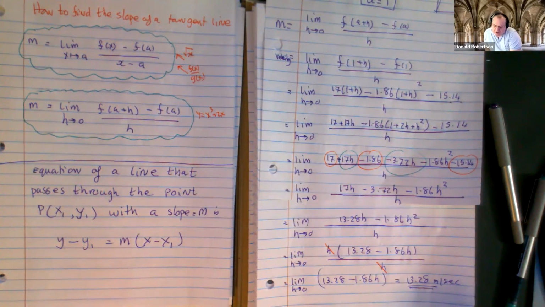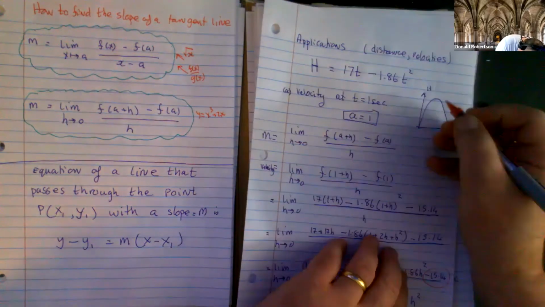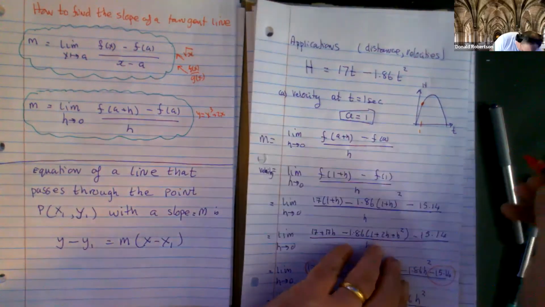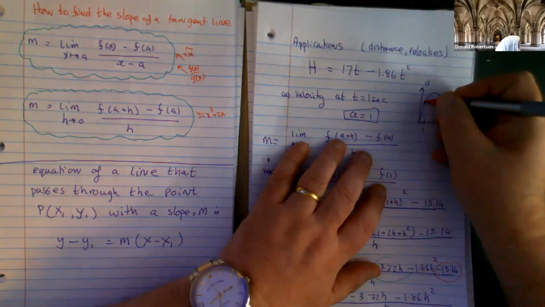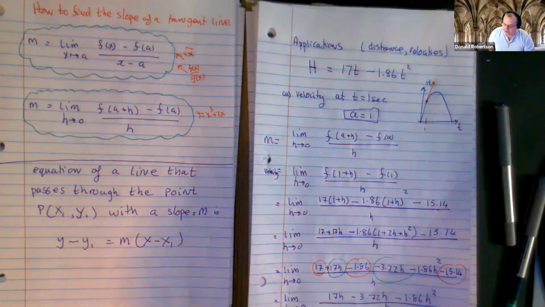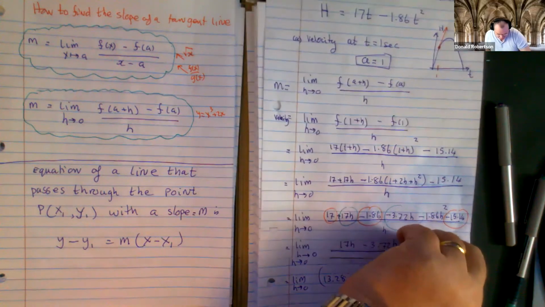And there is the velocity of that rock being thrown in the air after 1 second. So if you can imagine, that's where it is at the 1 second mark. This number, 13.28, is telling me that it's zooming upwards, right? Still going upwards at 13.28 meters per second.